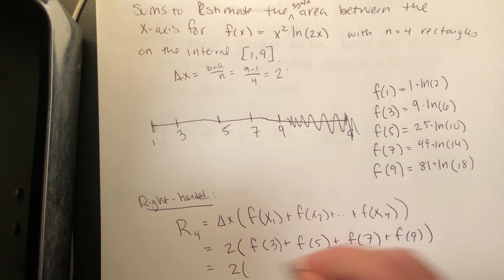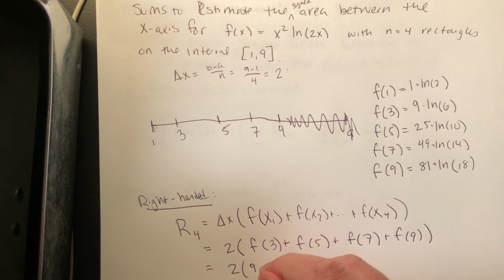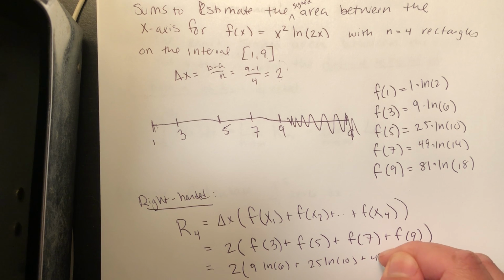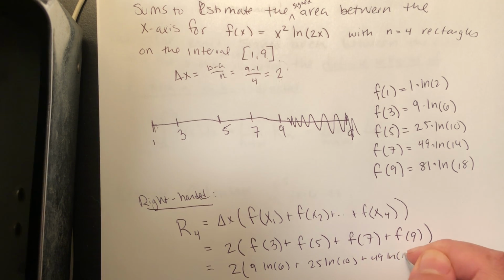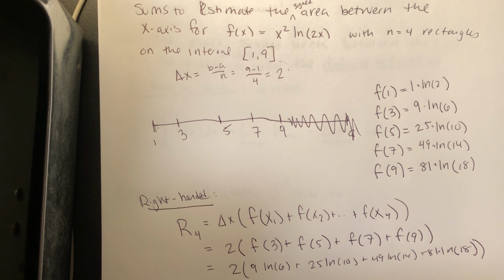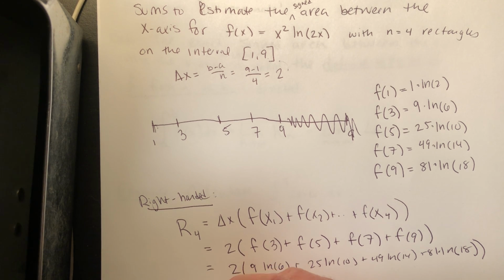Okay, so it's 2 times all of these numbers that we had already found up here in our scratch work: 9 ln of 6 plus 25 ln of 10 plus 49 ln of 14 plus 81 ln of 18. Add those all up together, multiply it by 2, and you get something, you'll have to trust me on this, but you can double check on your own, roughly like 407.39.